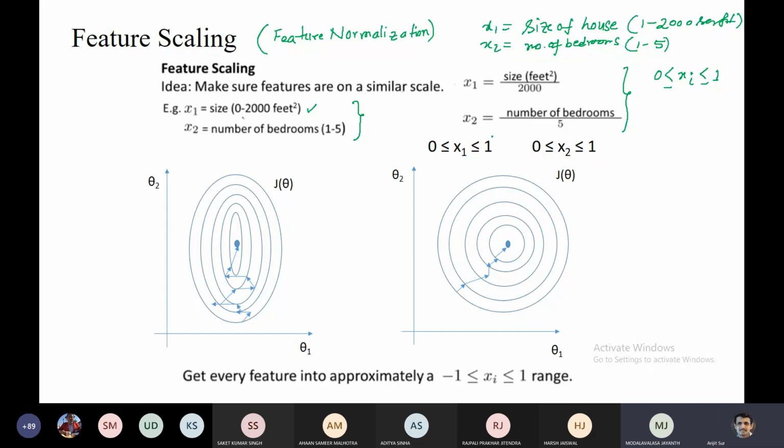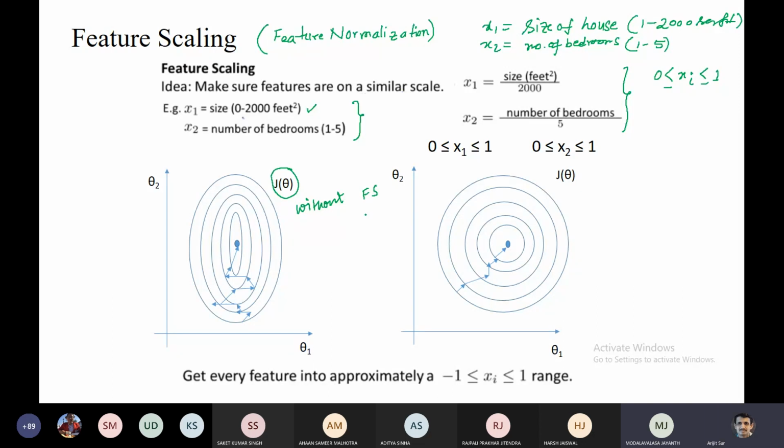Now if you see J theta without feature normalization, this is basically a contour plot without feature scaling or feature normalization.